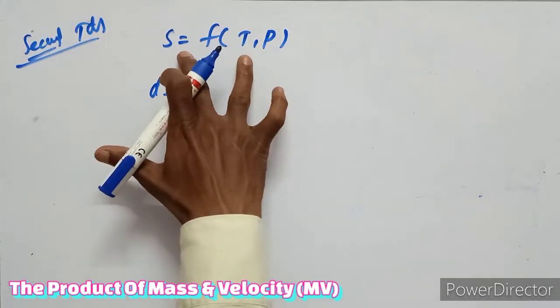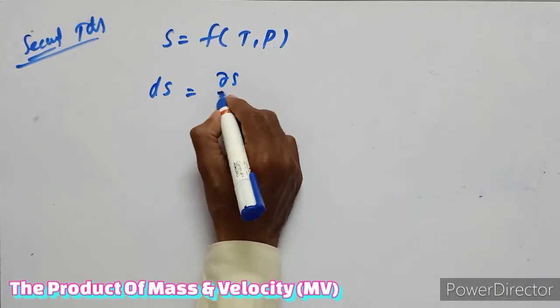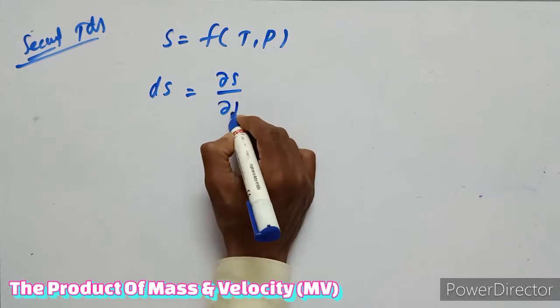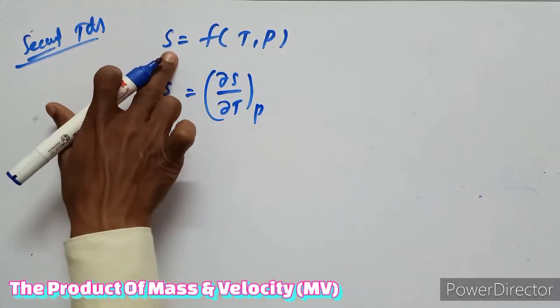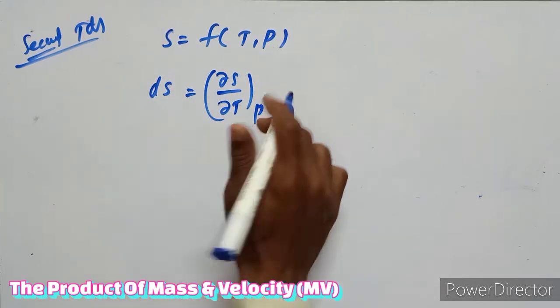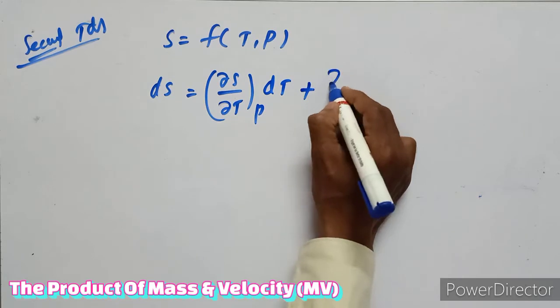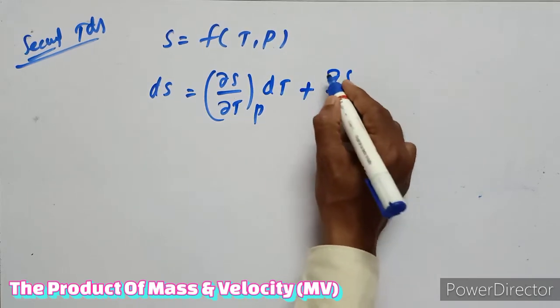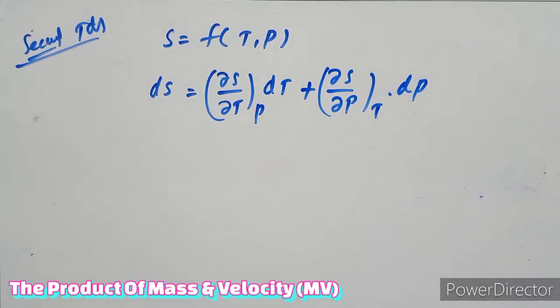Then partial differentiating this equation: dou s upon dou t at p into dt plus dou s upon dou p at t into dp.